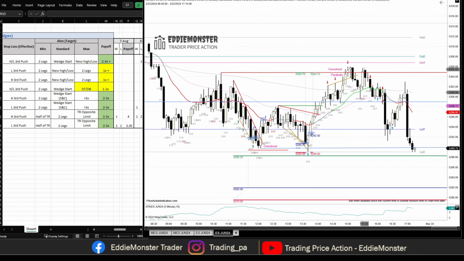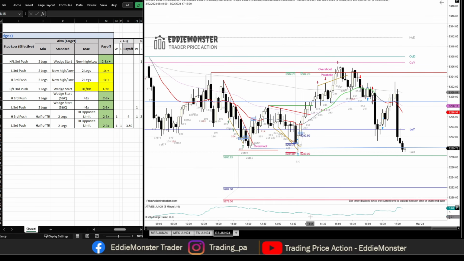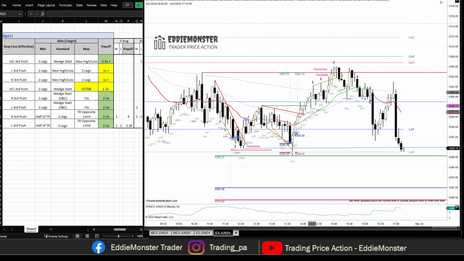Basically, it is that inside bar. This is a reversal pattern in a trading range. Basically, that's it. But if, for example, you're not positioned long here and you wanted to trade this wedge, this is the way that we can do it.